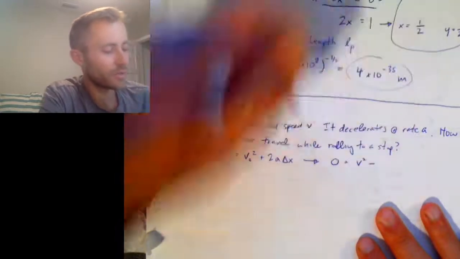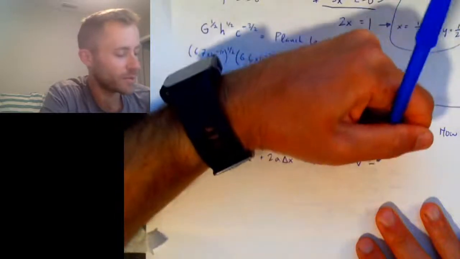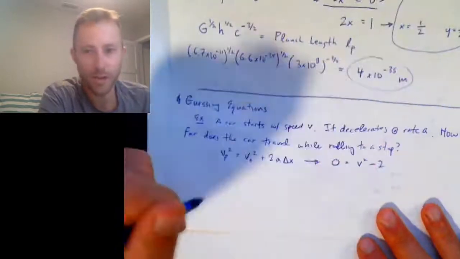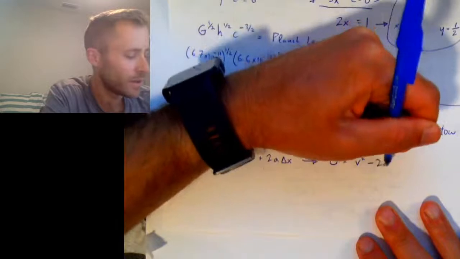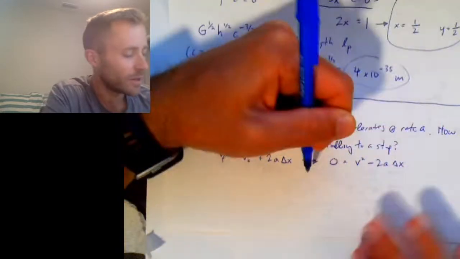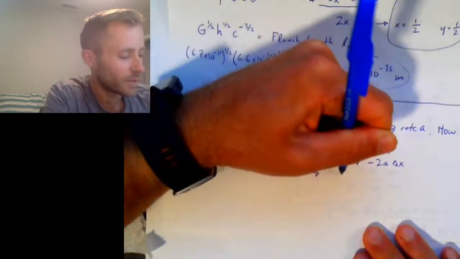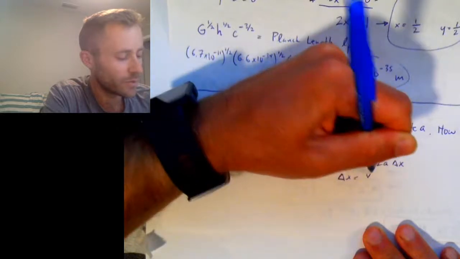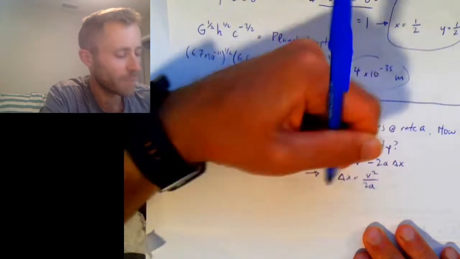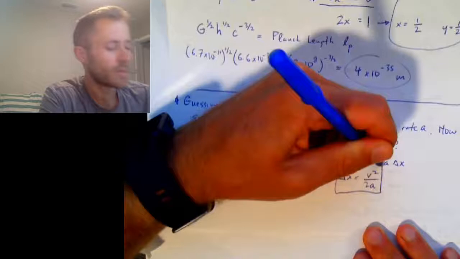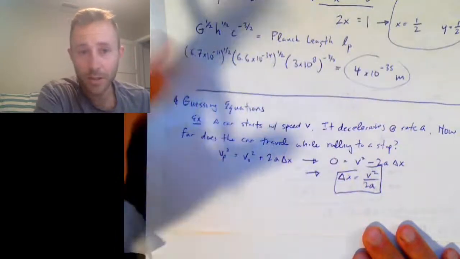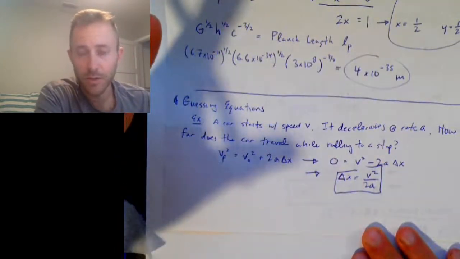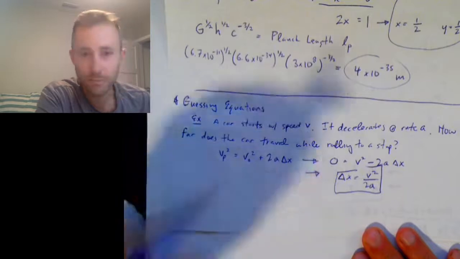The acceleration is negative a because it's decelerating at rate a, so negative 2a delta x. And so what we get is delta x equals v squared over 2a. But what if I had no idea about kinematics equations? You could actually make a pretty good guess.